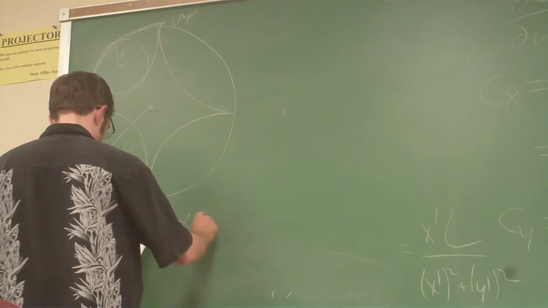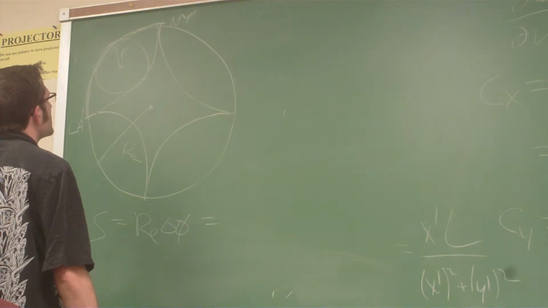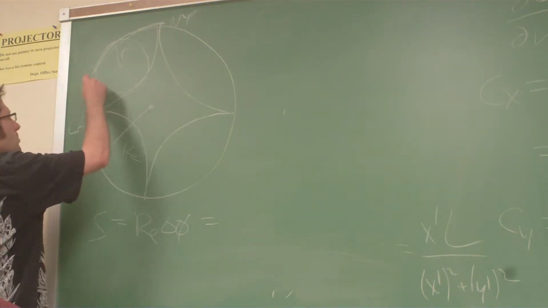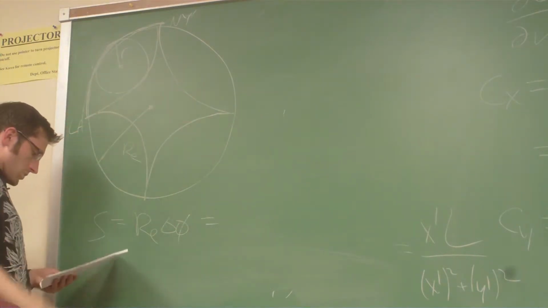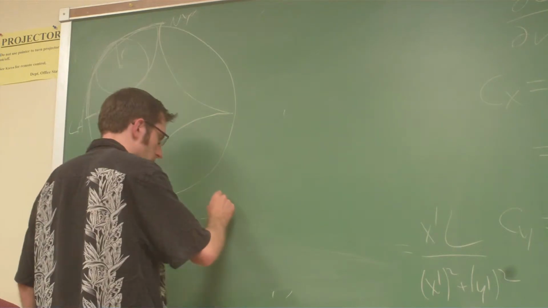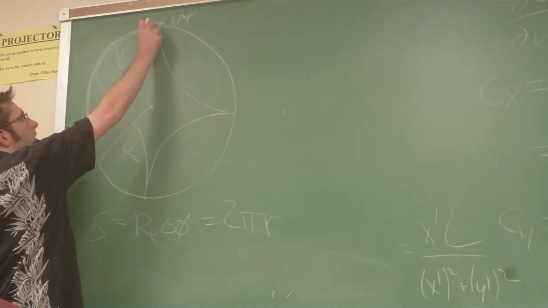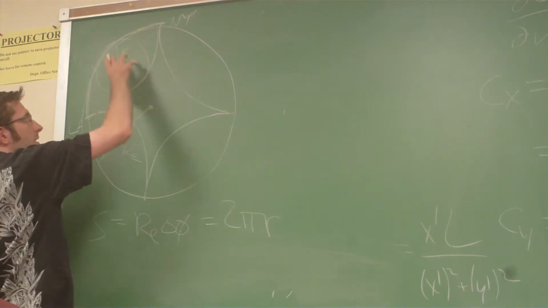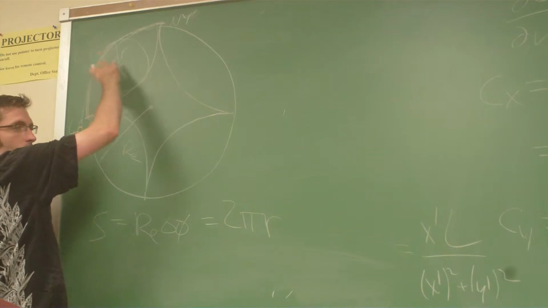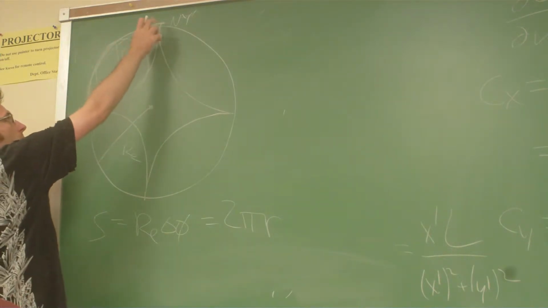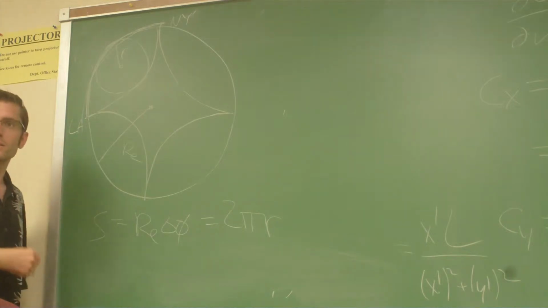But this is also equal to, if we consider the entire motion, 2 pi r, because if you start here and consider the interior circle rotating around, it goes through one full rotation from here to here.